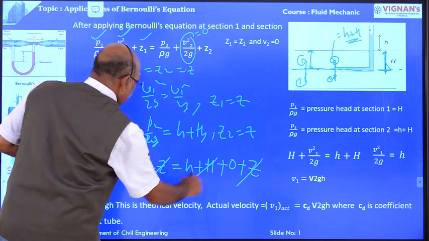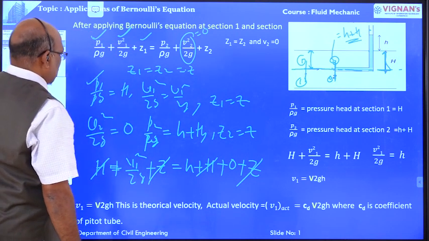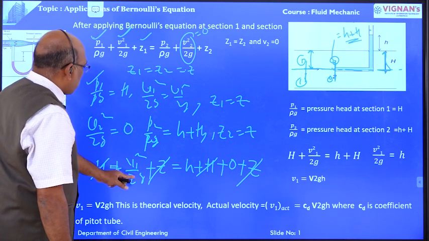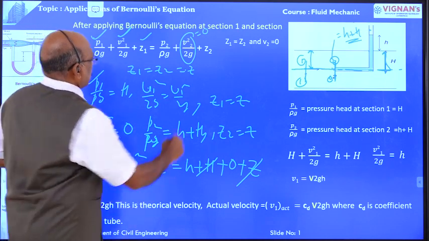H cancels. Therefore, V1 square by 2g is equal to small h.